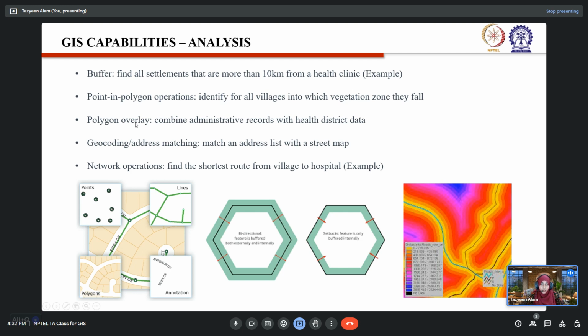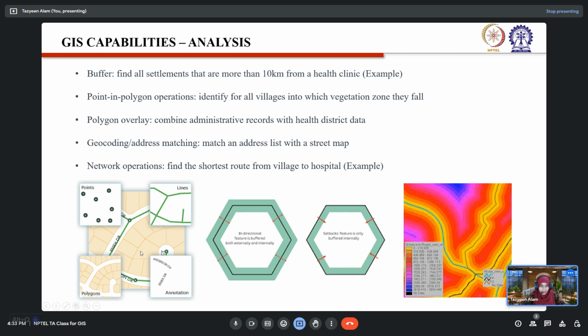Then you have your polygon overlay. Here we combine administrative records with health district data, so we are laying one data over the other. Geocoding or address matching will match an address list to the street map, and network operations will find the shortest route from village to hospital.